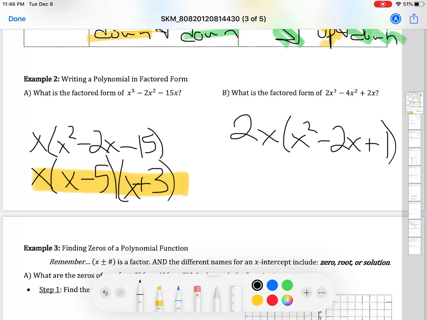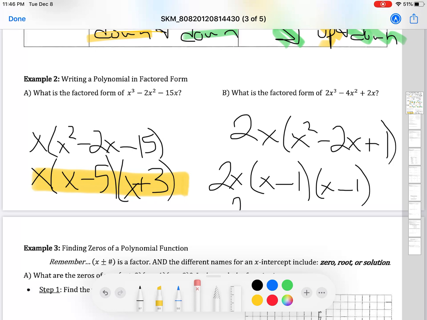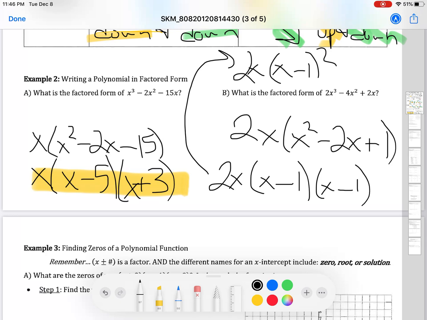Make sure that when you pull the GCF out, this placeholder of a 1 has to be there at the very end. Notice it's written like this. If we do see 2 of the same thing, really the way that we should be doing this is we should write it squared. So I have a 2x and then the quantity x minus 1 squared.